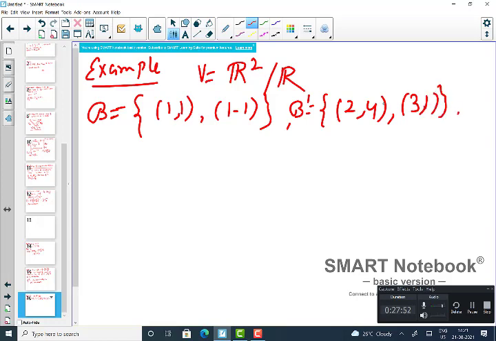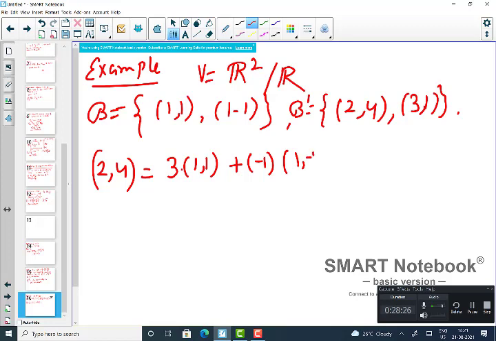Let me first find Q, which changes B dash to B. What does that mean? You write down the basis vectors of B dash in terms of the basis vectors of B. So how do I write down (2,4) in terms of (1,1) and (1,-1)? It is 3 into (1,1) plus minus 1 into (1,-1), right?